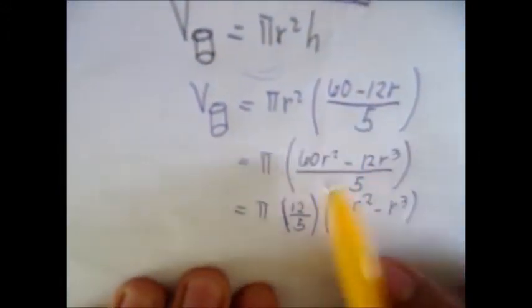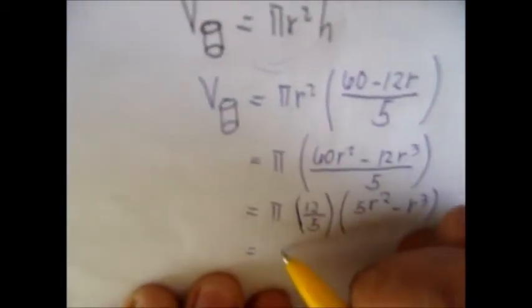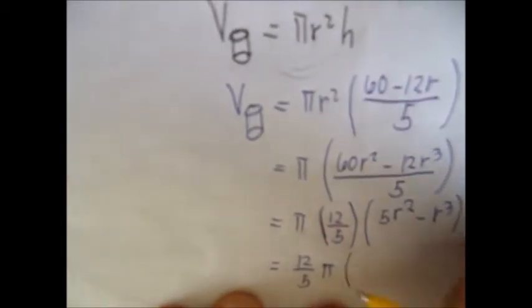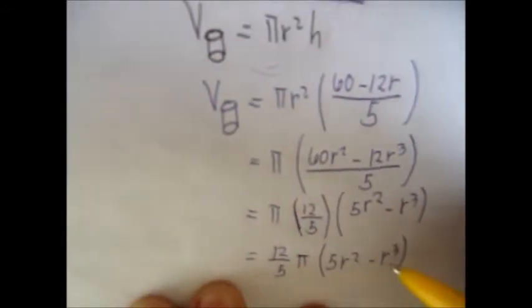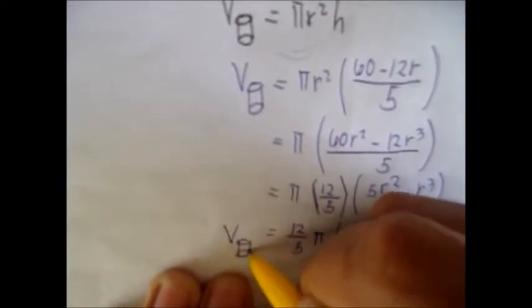We take the common factor so that we can create 12 over 5 pi times 5r squared minus r cubed. So this is the volume of our right circular cylinder.